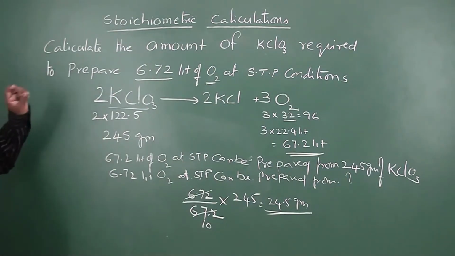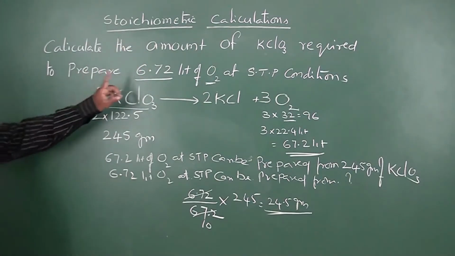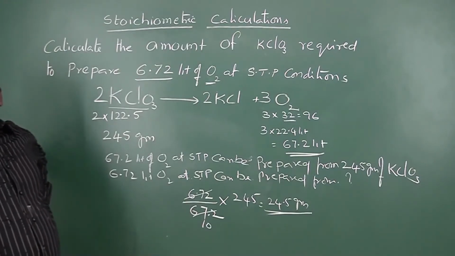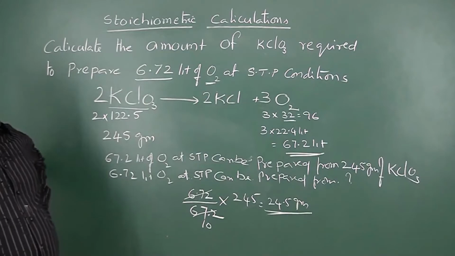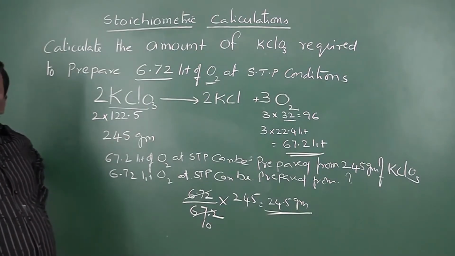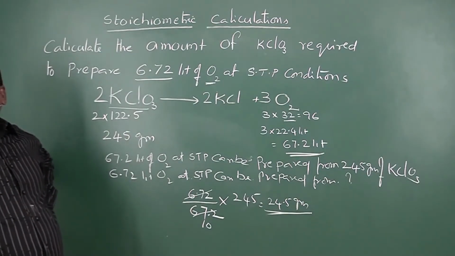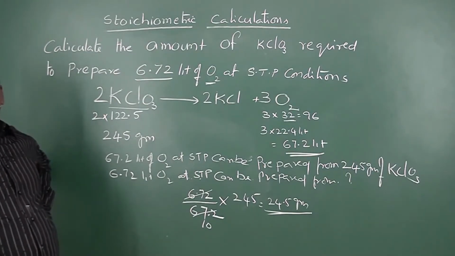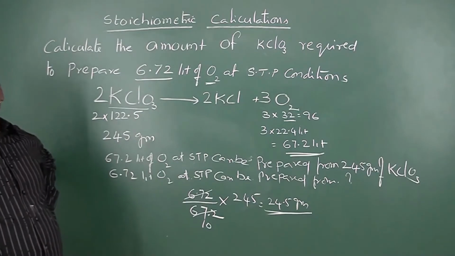So once again, calculate the amount of KClO3 required to prepare 6.72 liters of O2 at STP conditions. First you should know how O2 is prepared from KClO3. You should know that process because this is a very important and familiar reaction. When potassium chlorate is heated, it decomposes to give potassium chloride and oxygen.